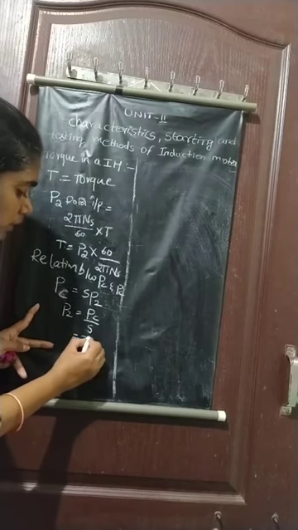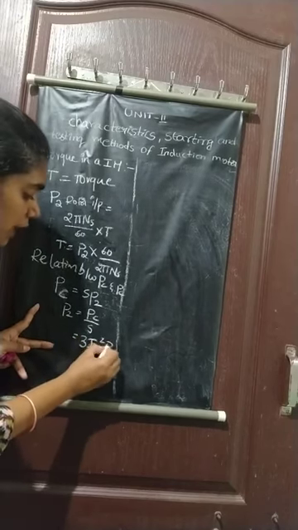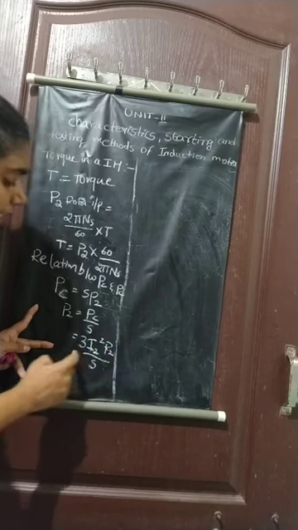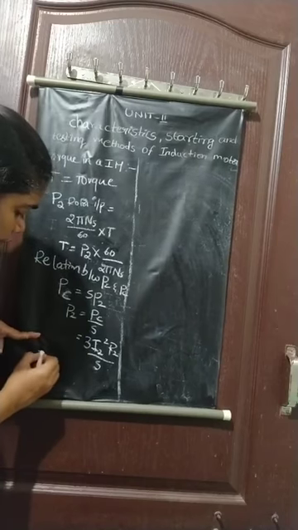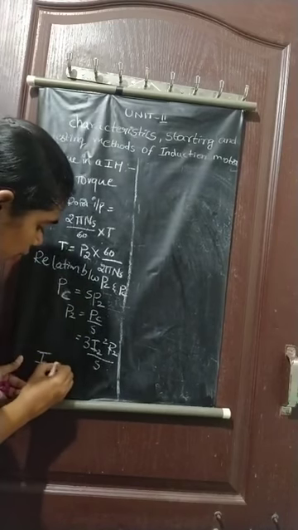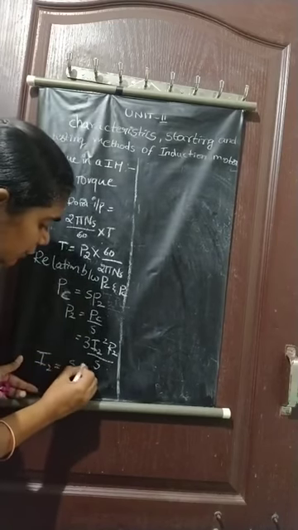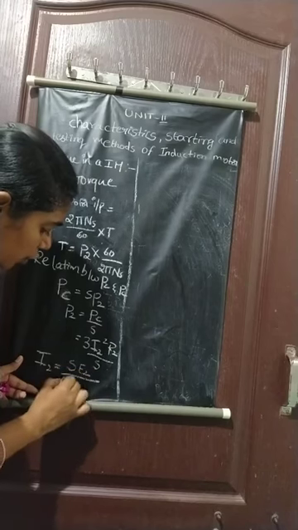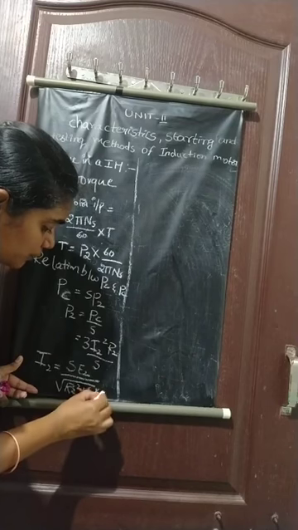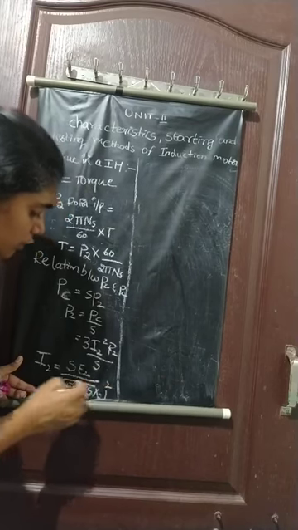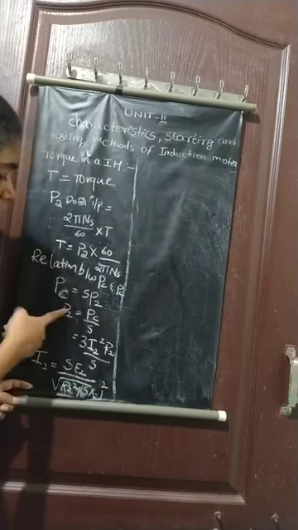PC is nothing but copper loss, 3 into I2 square R2, where I2 is the rotor current. Rotor current I2 is equal to S E2 by square root of R2 square plus SX2 whole square. Substitute the I2 value in P2.